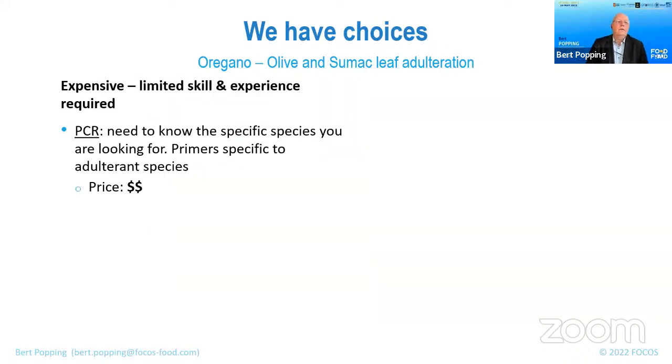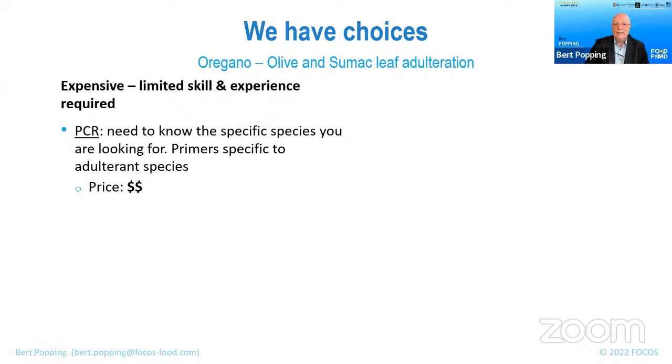We have the case of oregano and the adulteration of oregano with olive and sumac leaves. So now you could go for a PCR, that is a polymerase chain reaction, a DNA-based method. And you have to have the primers specific to the adulterant. So you have to have primers that are specific for olive, and you have to have primers that are specific for sumac leaves.